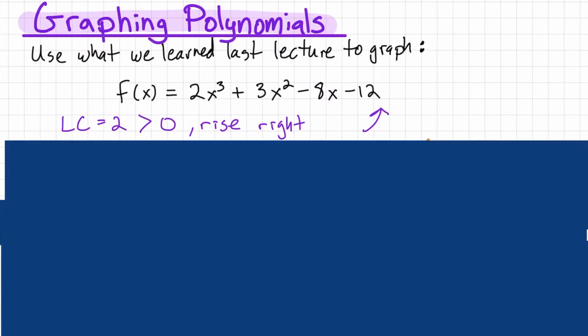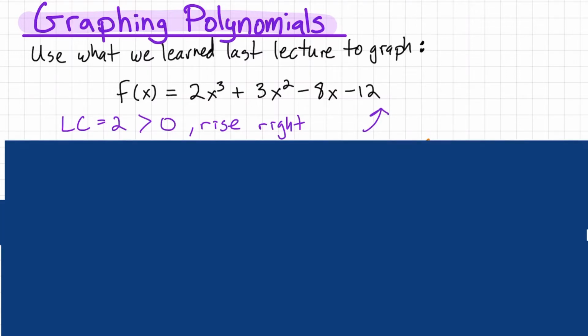All right, next we're going to look at the degree of the polynomial, which is 3. Since this polynomial is in descending order, the degree of the leading term is the degree of the total polynomial. That 3 tells us that we expect 3 roots, and one less than that number of turns, so 2 total turns.